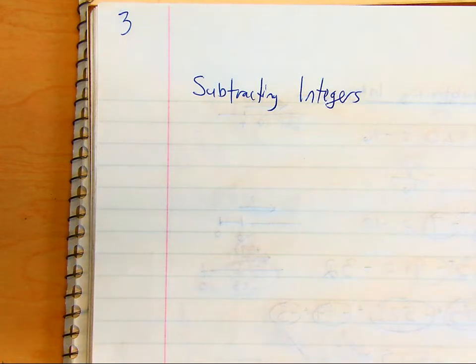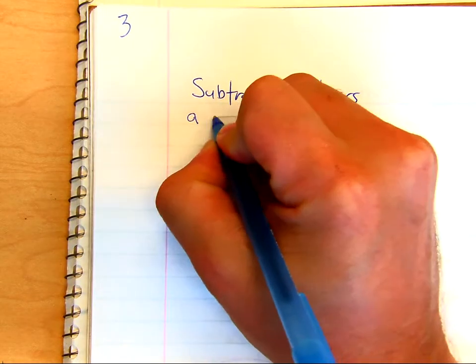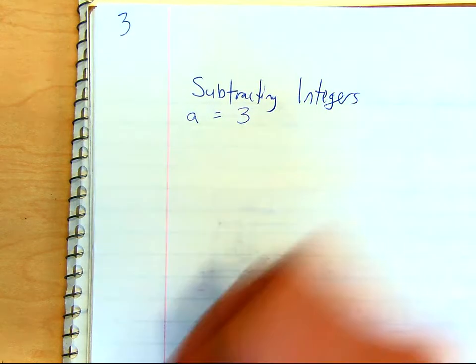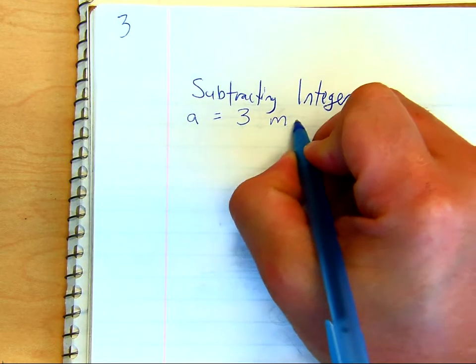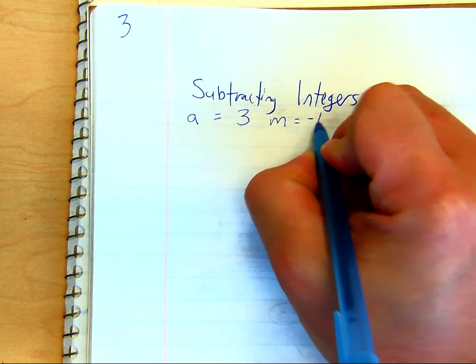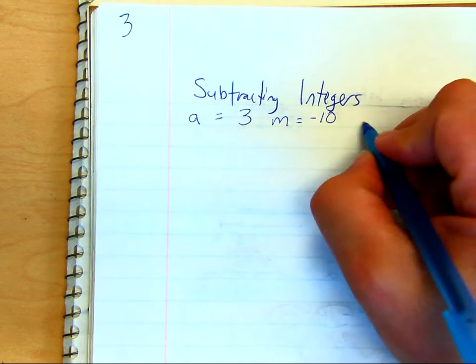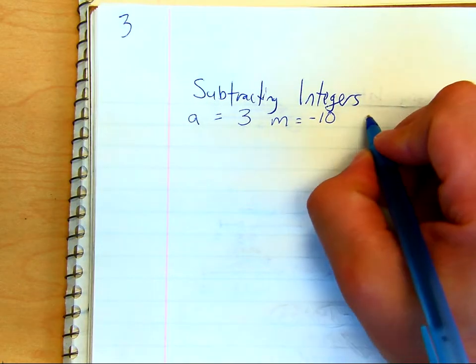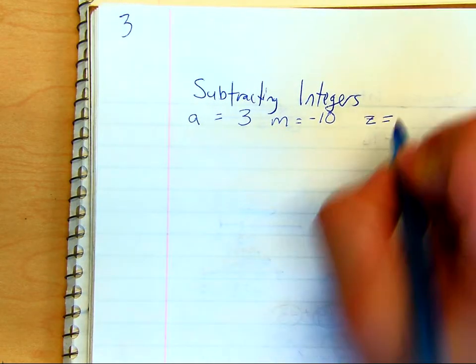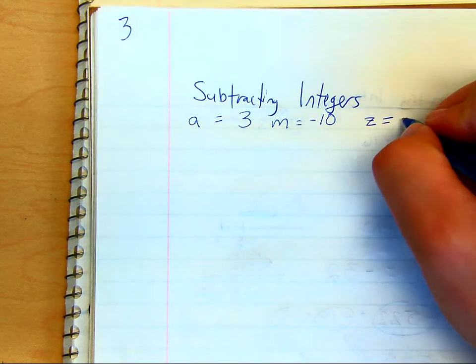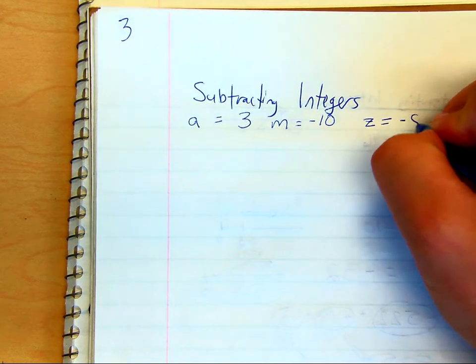All right, so when we're getting a little bit more advanced with these, let's look at the substitution, I'm sorry, one more time. So we'll say A is 3, M is -10, and Z is, I don't know, -8.